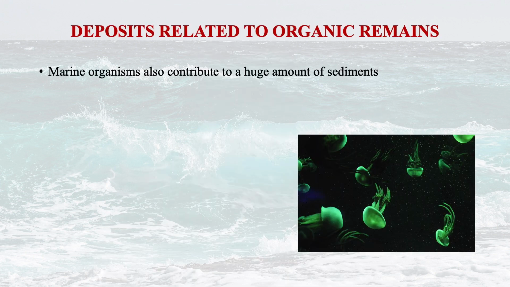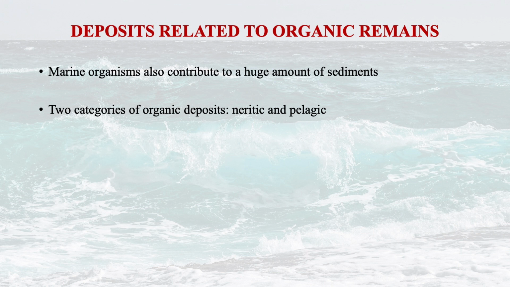Now, what are deposits related to organic remains? They are probably due to the decomposition of marine organisms which contribute a huge amount to these sediments, and they are of two categories, the neritic ones and the pelagic ones.